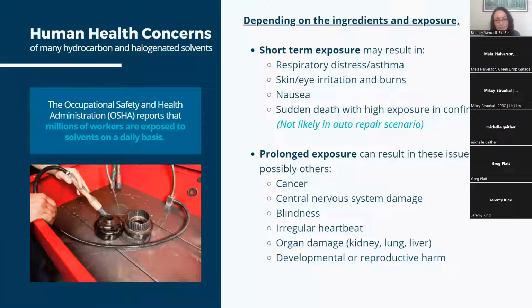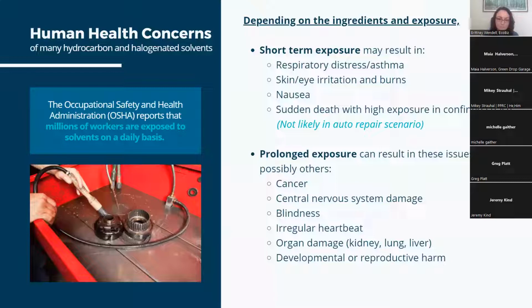Long-term exposure can cause cancer, nervous system damage, blindness, organ damage, and even developmental harm. So chlorinated solvents are commonly used, and we really want to avoid them whenever possible.